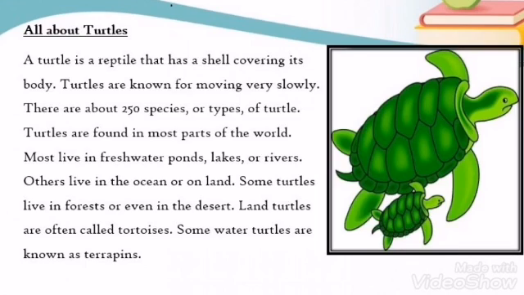Turtles are given names based on their habitats and on their shapes and sizes. Turtles are included in the reptiles and their body is covered with a shell which protects the turtle and which keeps them safe from any kind of dangers.